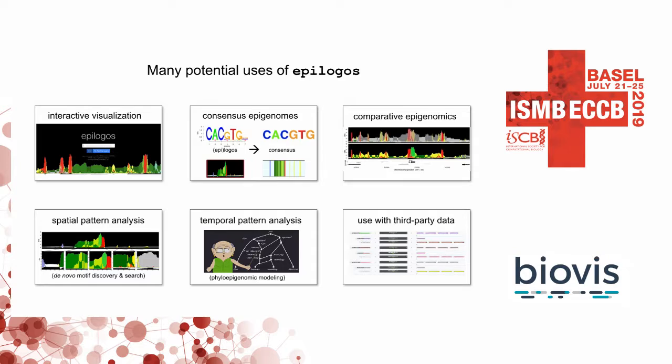One, the interactive visualization I've just shown you, and I've also shown you some of the comparative epigenomics things you can do with it. Another very interesting application area is that you can now actually learn these little mini epilogos from a single cell type of interest. So let's say you have a single cell type of interest and a number of genomic regions that you're interested in, for example, regions you've identified to be putative enhancers.